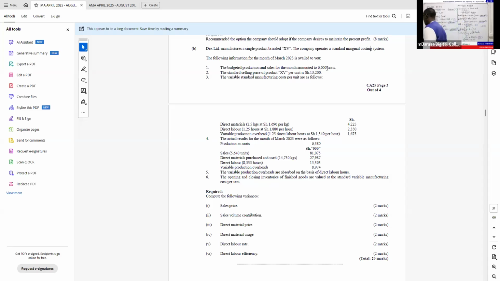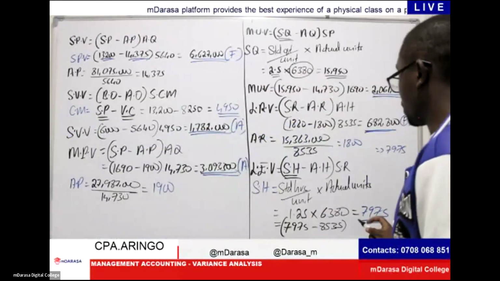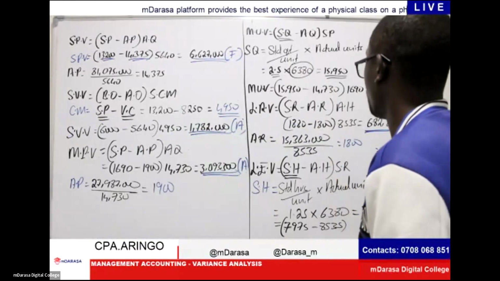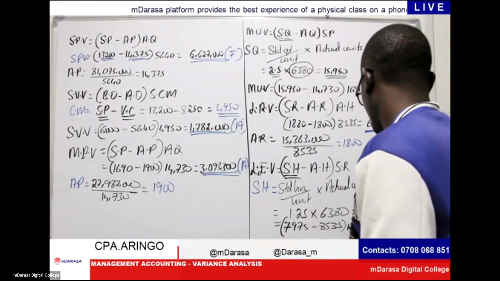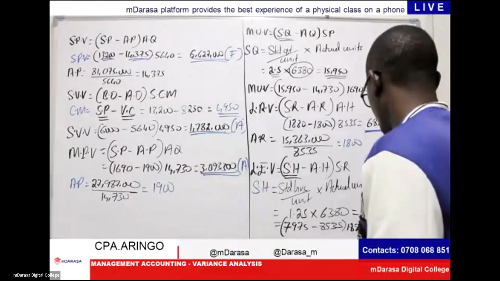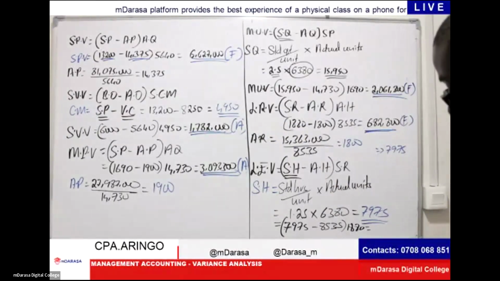We multiply by our standard rate, and the standard rate we can all see was 1880 earlier on. So we had planned to pay on 79.75, but we ended up paying on 85.35.